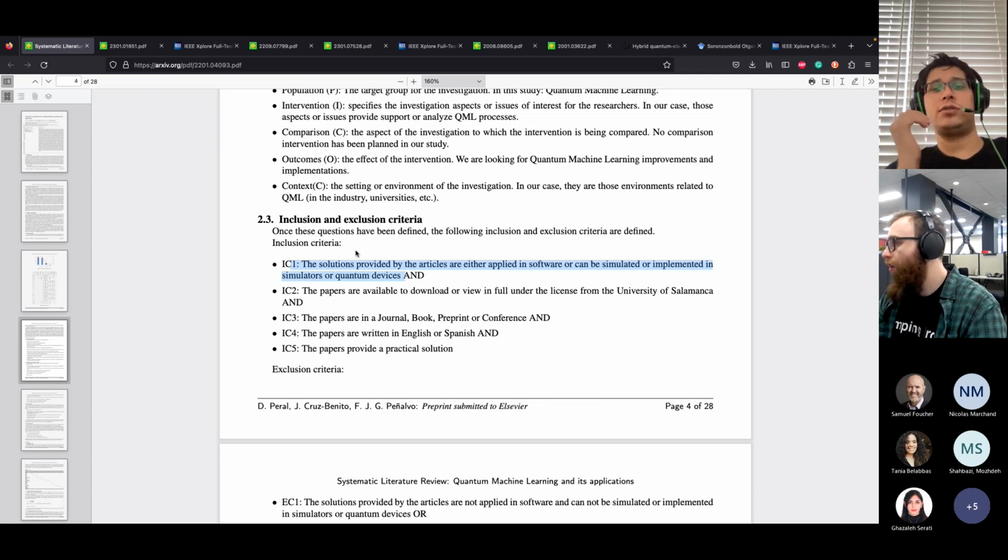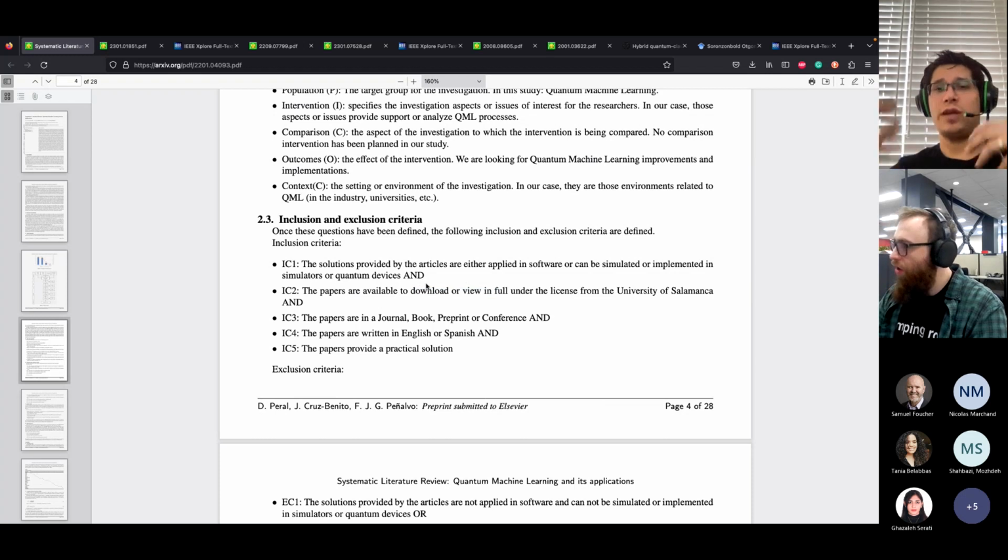So you can say that is purely theoretical work. That's one of the things they look at in their review paper. The papers are available to download, which is something we would like to see, papers that we have access to. Papers that are published or preprints written in English or Spanish. Oh, Spanish. Okay. The paper provides a practical solution.